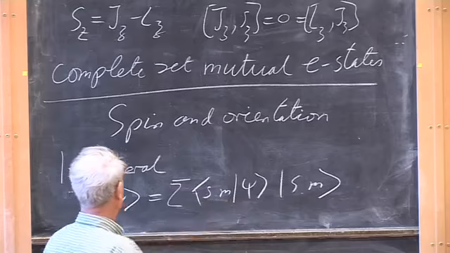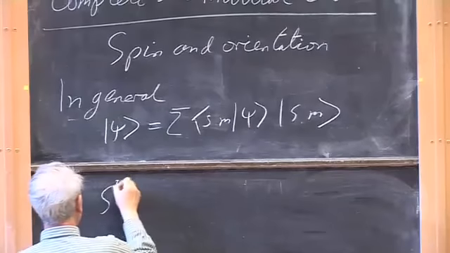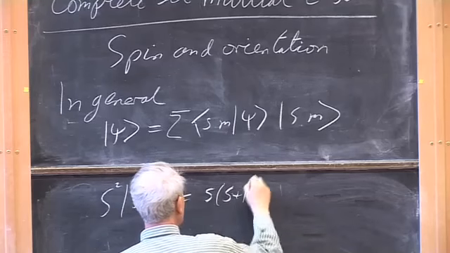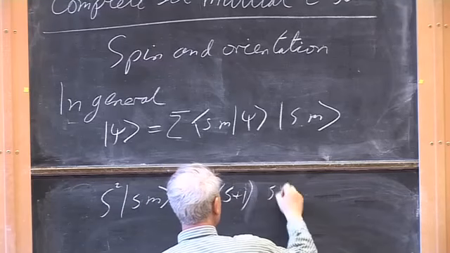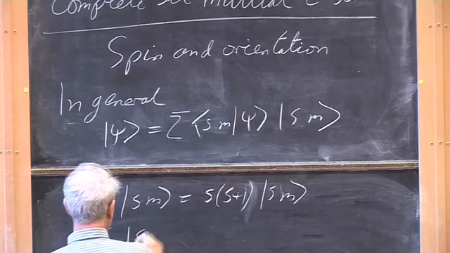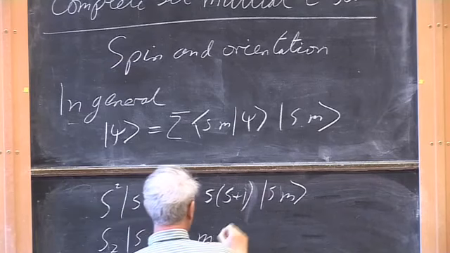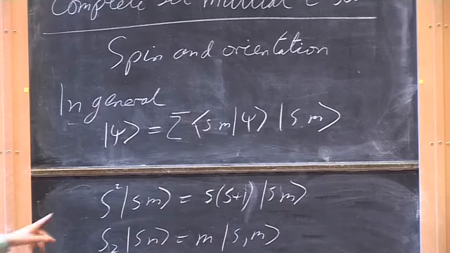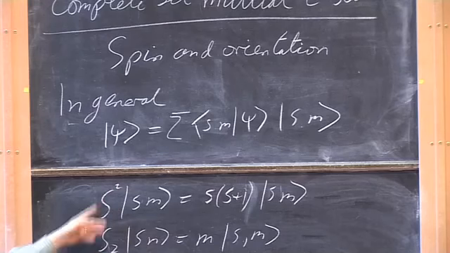So we're saying that S squared on |s m> is equal to s(s+1) |s m>, and that Sz on |s m> is equal to m |s m>. And there should be a complete set of mutual eigenstates of these operators.